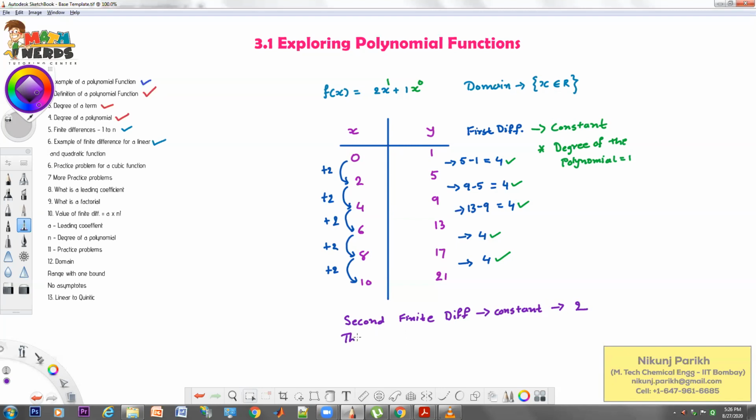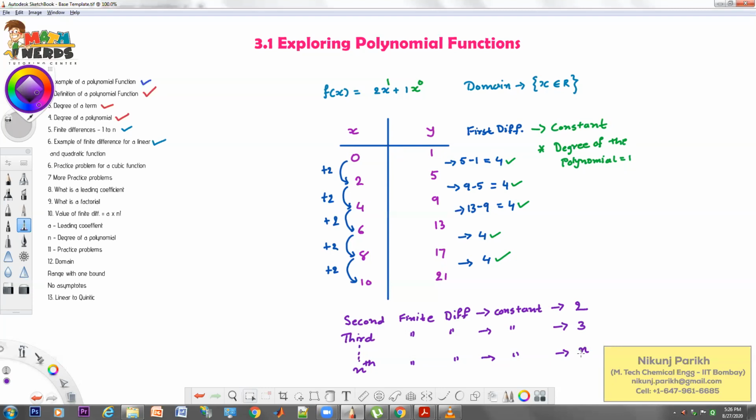If the third finite difference is constant, then the degree of that polynomial is 3. And same is true for the nth finite difference. Then the degree is n.